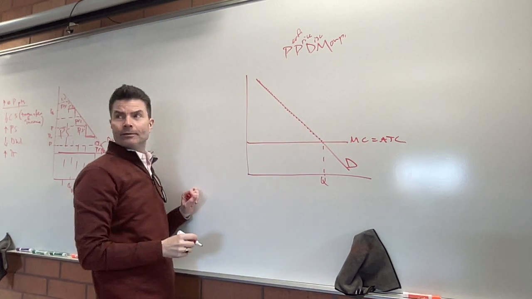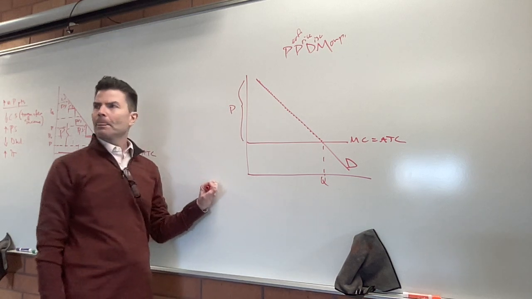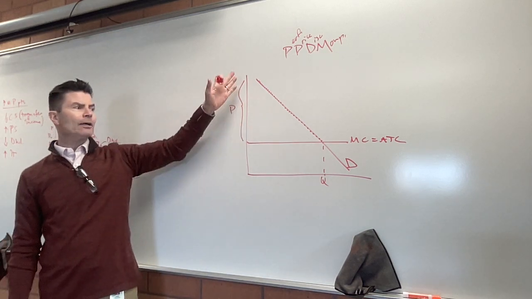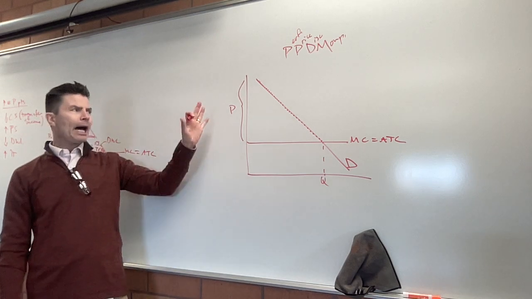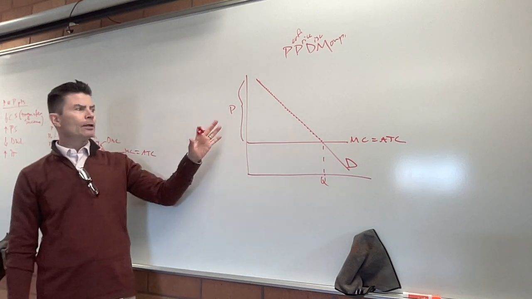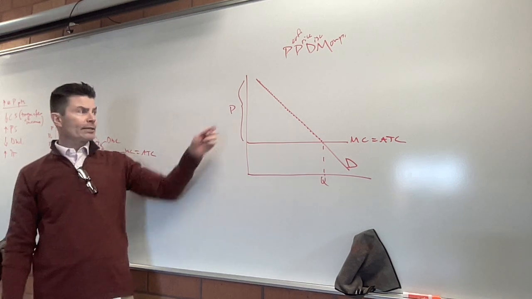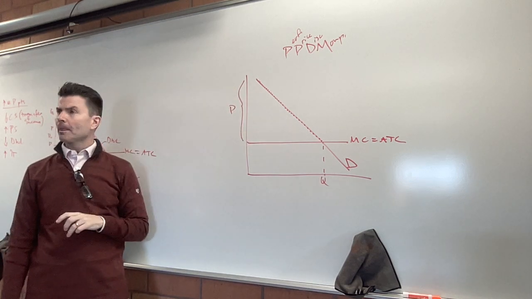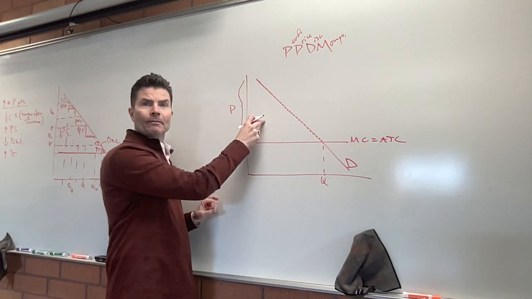on that demand curve, I would identify price like this. Your price is going to be higher and lower compared to a pure monopoly. And what is this entire area in here?